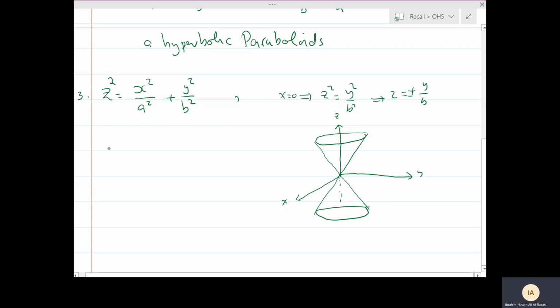The graph is an elliptic cone. So it is like an ice cream cone, just one opening upward and one opening downward. So it is a cone, or an elliptic cone.